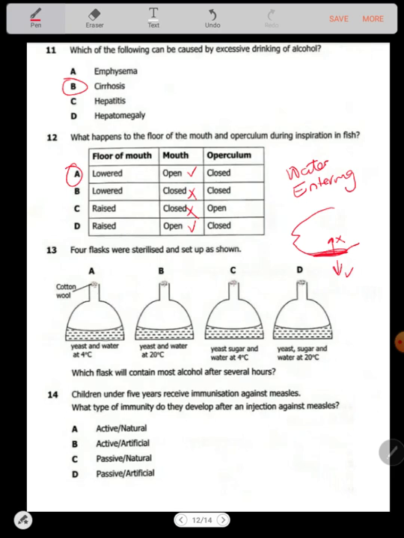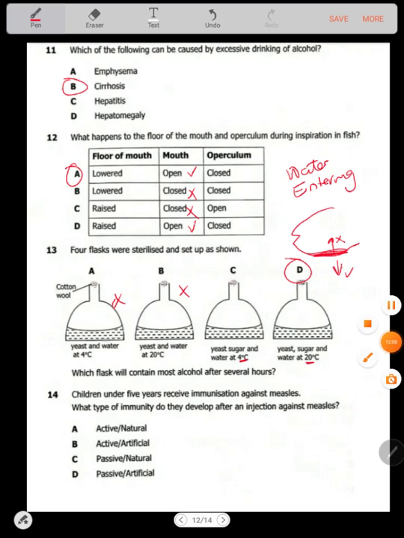So just go where you have yeast, sugar, and water. So this is out, this is out. So yeast and sugar at 4 degrees. Now look at the temperature. This is very low. The enzymes are not active. Then look at this. The enzymes are active. At least the temperature is favorable, and the sugar and yeast are available. So the answer here is D.